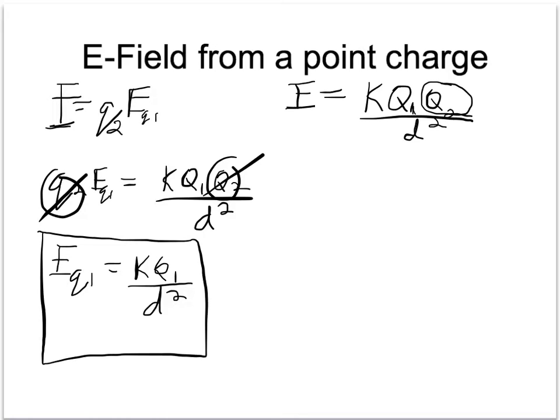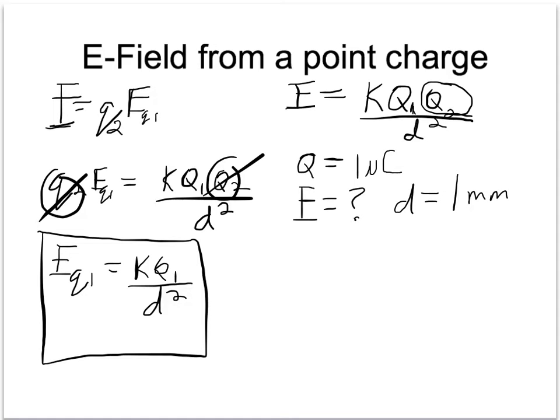Let's say we have a charge Q of 1 microcoulomb. And I want to know what is the electric field strength from that charge when I am at a distance of 1 millimeter.